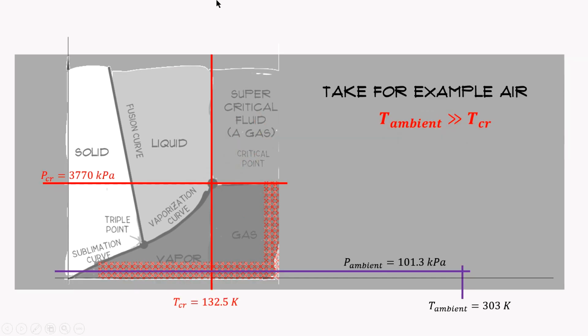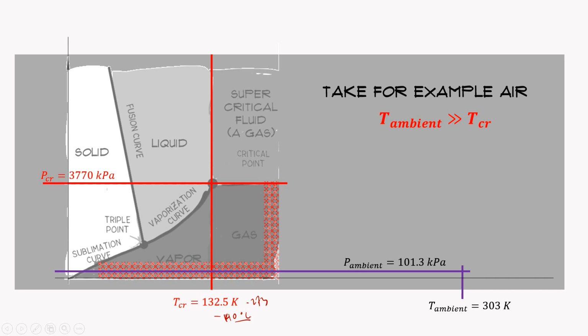Take for example air. The critical pressure of air is 3,770 kilopascals, and the critical temperature is 132.5 Kelvin. Converting this to Celsius, subtracting 273, it is around minus 140 degrees Celsius.